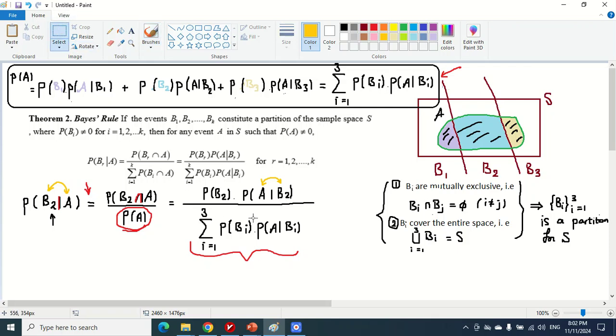As you can see, the part at the numerator is one case of the probability of A at the denominator. In other words, this is repeatedly occurring at the denominator, and we write it for all partitions to calculate the Bayes rule.